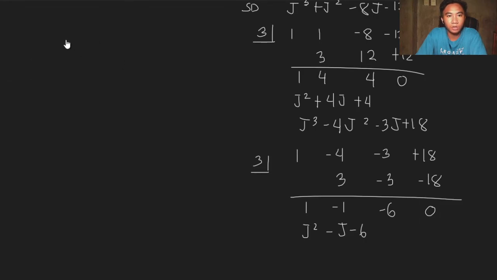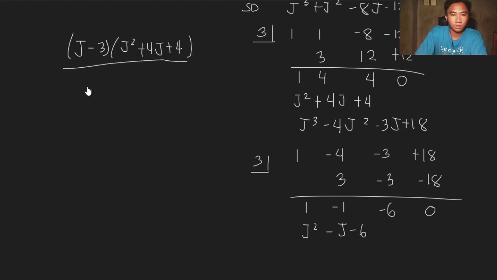So, write ko lang dito. The j plus 3 magiging negative 3, multiply to j squared plus 4j plus 4 all over j minus 3 ulit, multiply to j squared minus j minus 6.